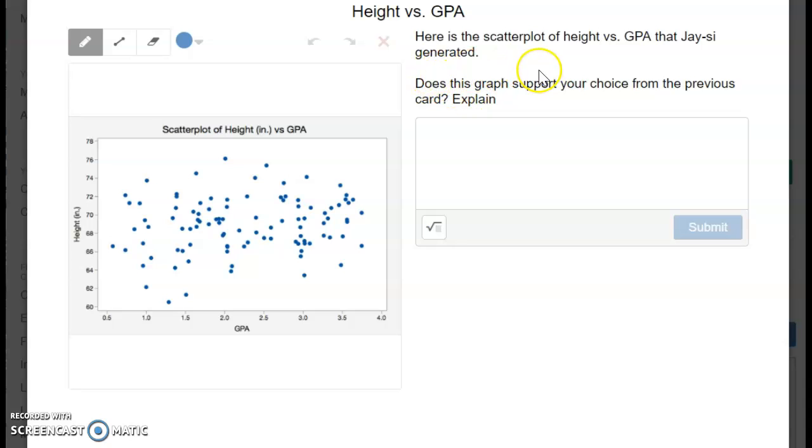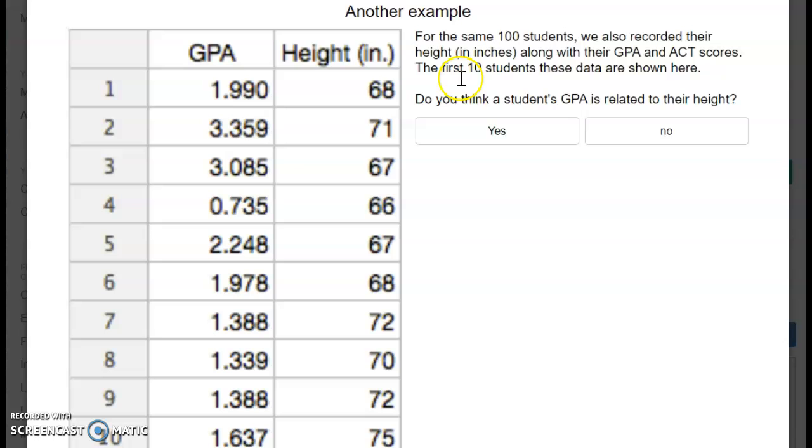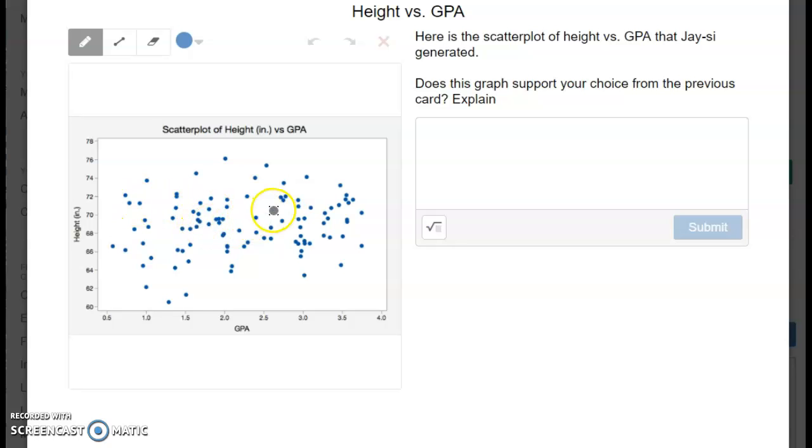All right, then here is the scatter plot of height versus GPA. So here they've actually recorded this. When they plotted this, again, each of those blue points represents one student. Okay, and there are 100 students. Unlike the previous GPA with the ACT score, it looks like the dots are all over the place. They're just kind of scattered, okay?